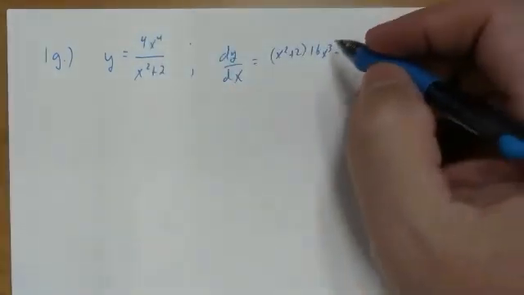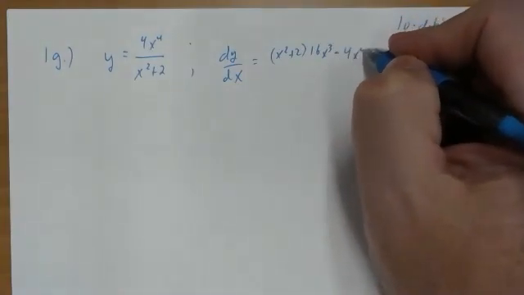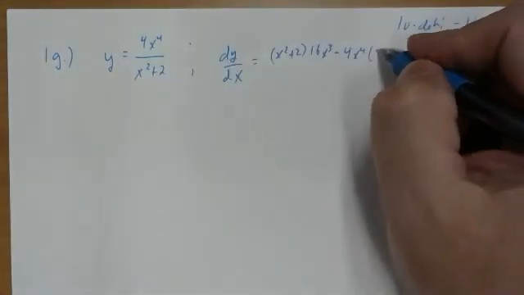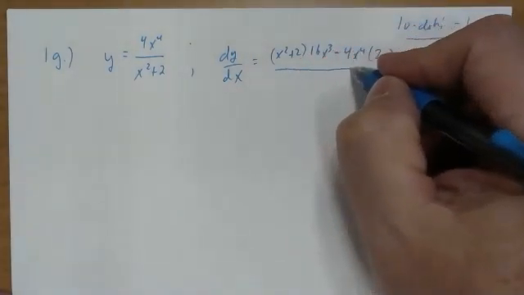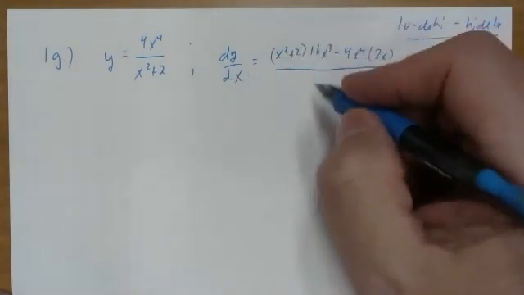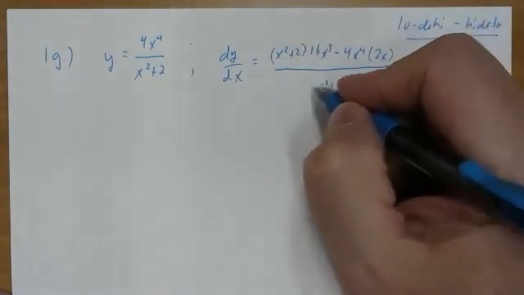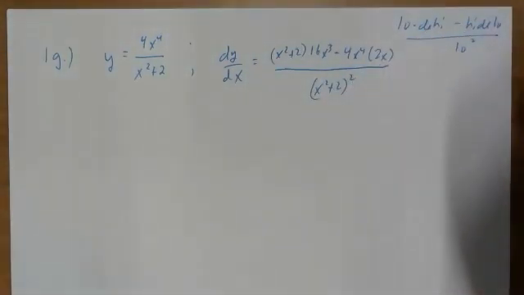So low d high minus high d low, all of that over the denominator squared.